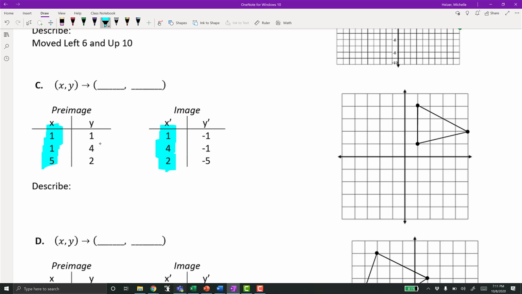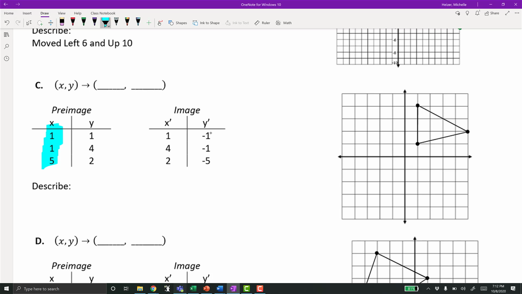But 1 to 4, well, that could be adding 3 or multiplying by 4. And 5 to 2 doesn't match any of those. So that's not helping me. But what I do notice is over here on my y values, those match my x values, except I have these negative values here.